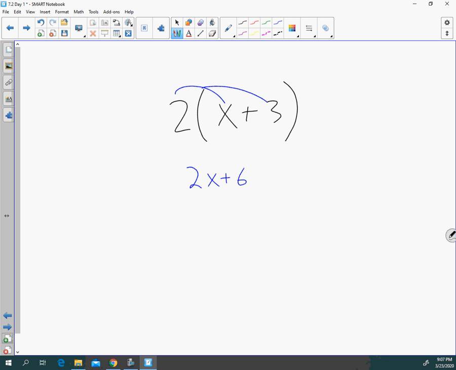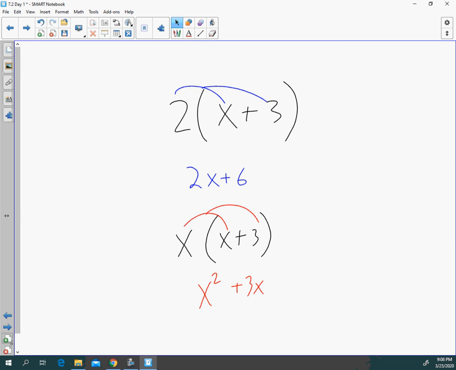Correct? Now let me ask another one. If I had x times x plus 3, what would that be? That would be x squared plus 3x. You see how you distributed that? You just distributed it to both things.